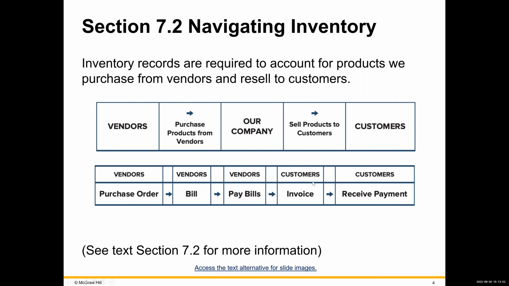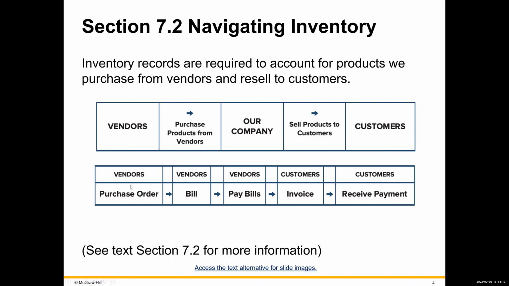Now, as far as the order we do in accounting, we're going to create a purchase order, which is telling the vendor that we want them to give us this inventory, right? So it's just an order that they'll fill.